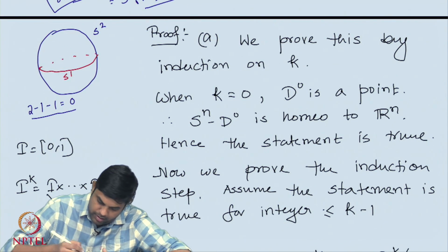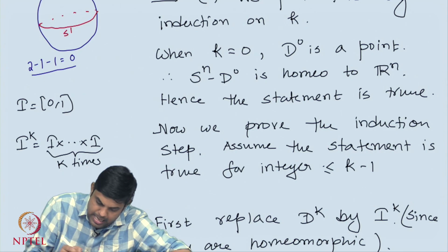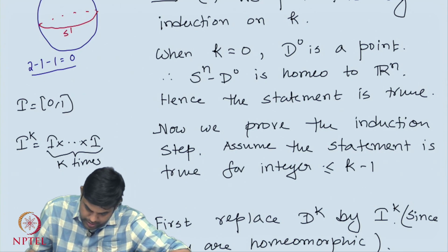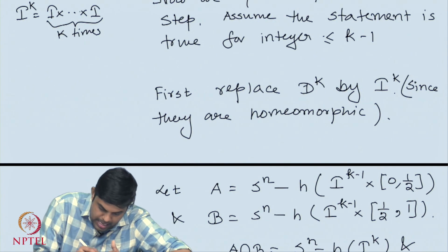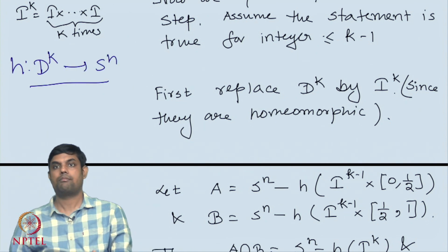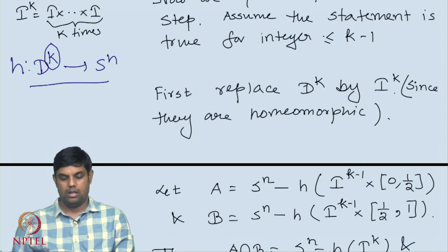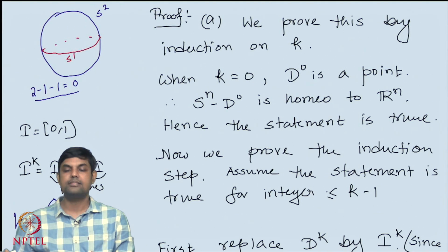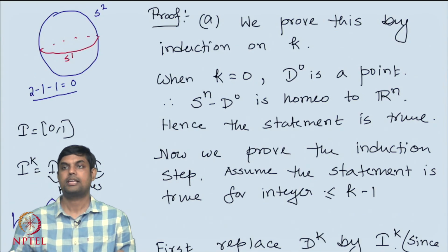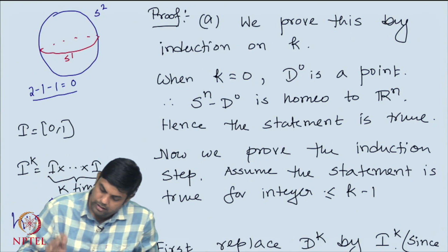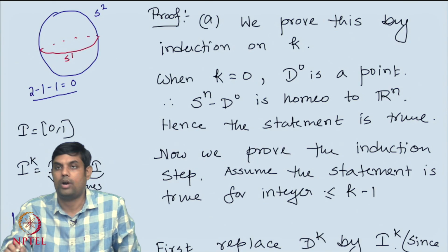So, let me write it here. H is a map from the closed disk to S^n, and we are going to use induction on this k, okay. So, if my k is 0, then the 0-dimensional disk is just a point, okay.